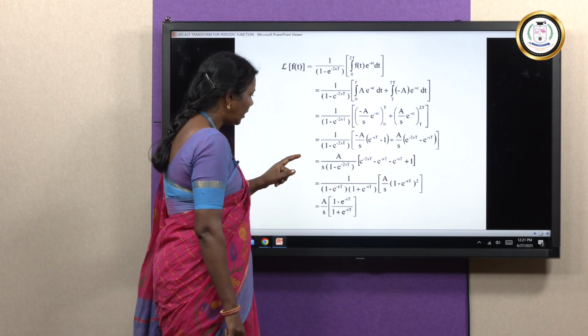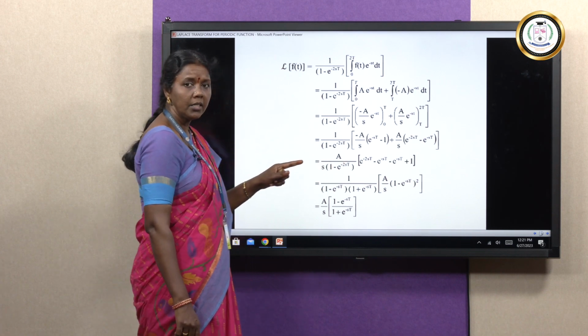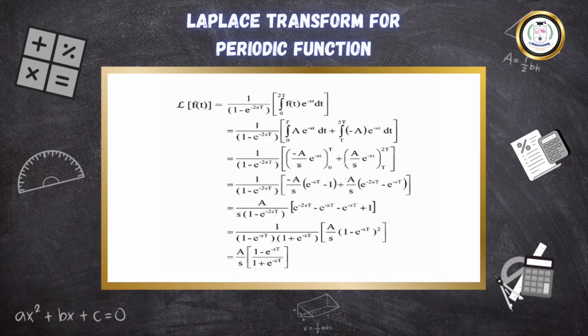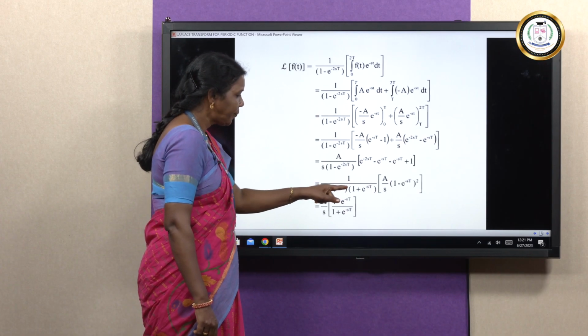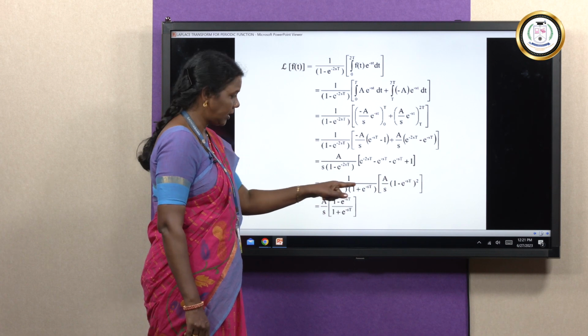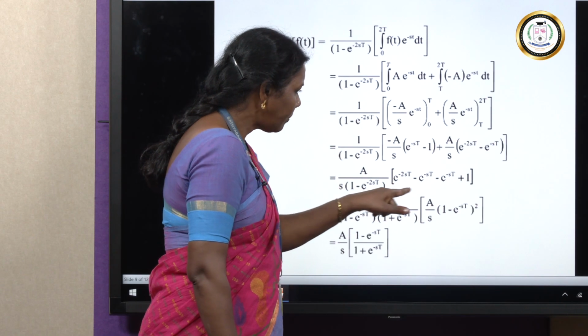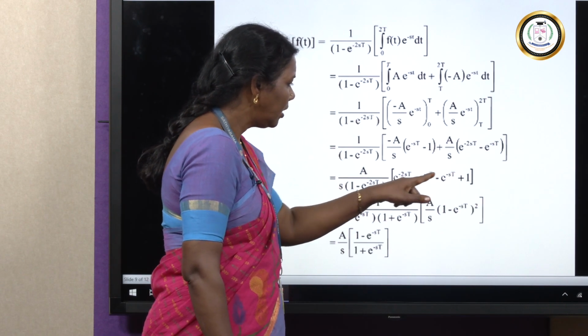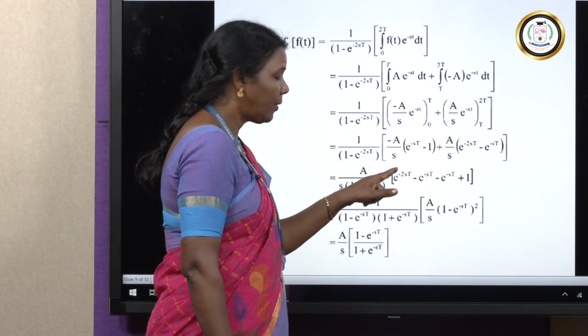Here, 1 minus e to the power minus 2sT is of the form a squared minus b squared, so it can be written in the a minus b, a plus b form. So we write (1 minus e to the power minus sT) times (1 plus e to the power minus sT). And a by s is a constant outside, and this other term can be written as 1 minus 2e to the power minus sT plus e to the power minus 2sT.